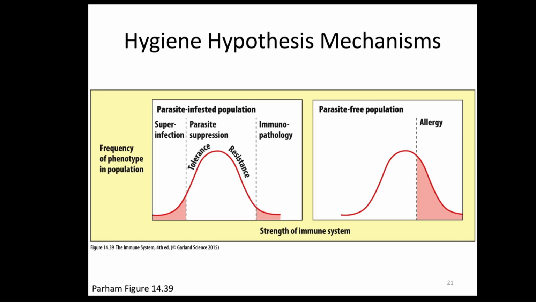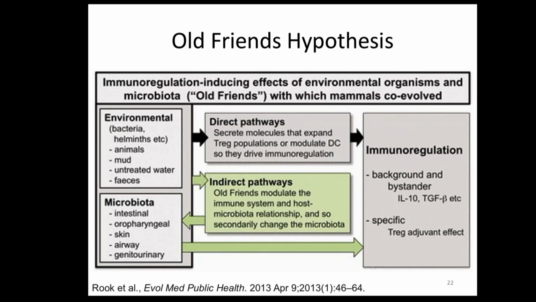People have also modified all of this into other things because it seems like over human evolution, we probably always had parasite infection. So some people, in fact, now talk about something called the old friends hypothesis. In general, the idea is that our immune system evolved to be having parasite infections all the time.